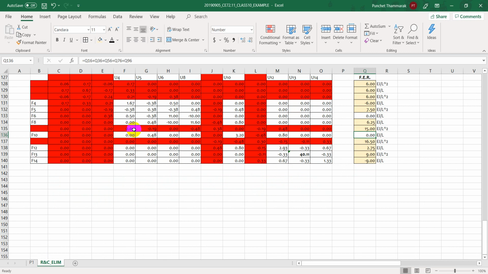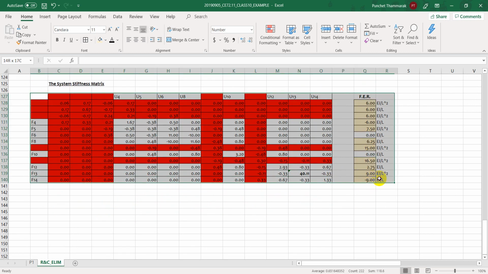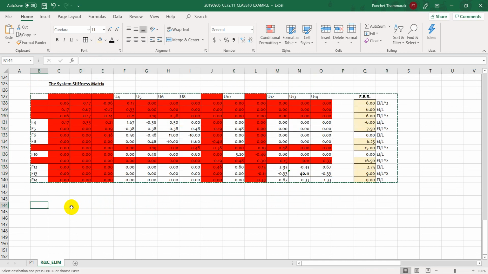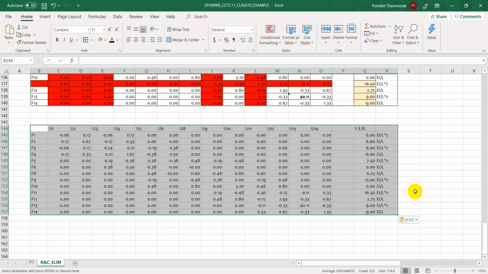Now we can copy this and paste it here. We paste values and number formatting, values and source formatting. Yeah, just this.